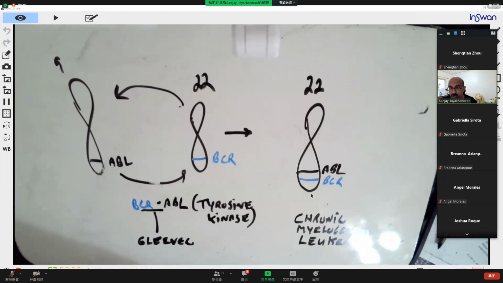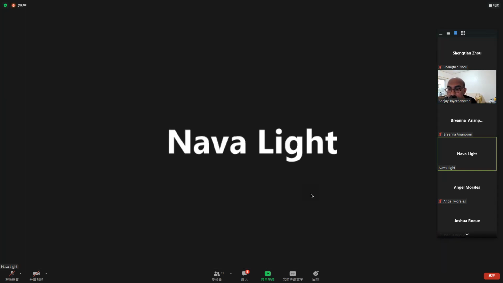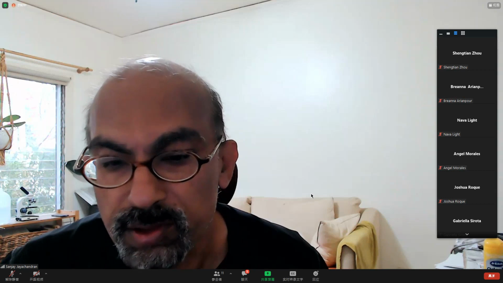So can somebody tell me why this is a step up? Is it easier for the body to process? Would it be easier for the body to process this? Well, what's the current method of cancer treatment?